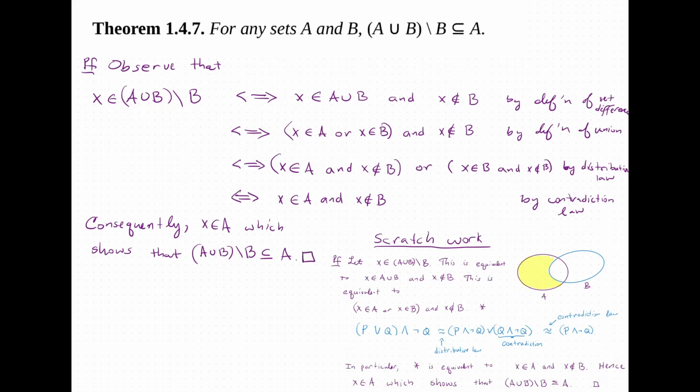And so now the benefit of the way that we wrote this down is that along each step of the way, we are explaining to the reader what is being used. And so this here is an example of a two-column proof, in the sense that we have our two columns, we have what we started with here, and on the right hand side we have all these equivalences that we're tagging along and explaining why those equivalences hold.